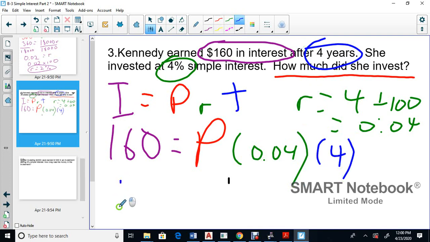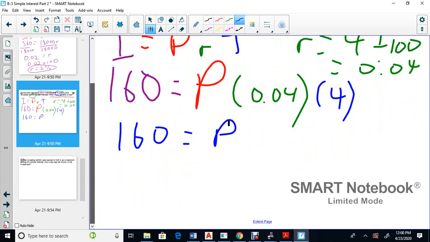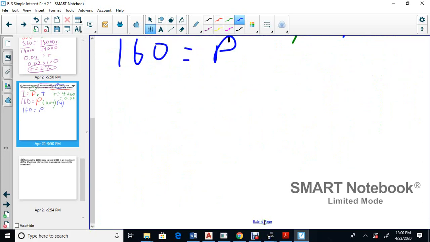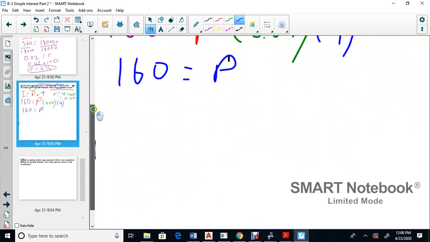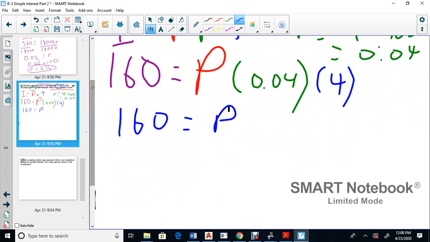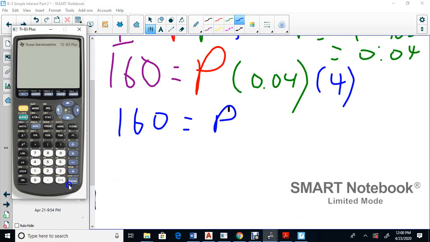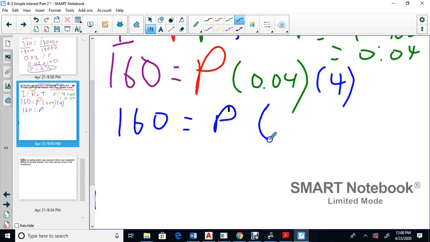Now we're going to go 160 and multiply the two values. 0.04 times 4, and we get 0.16.